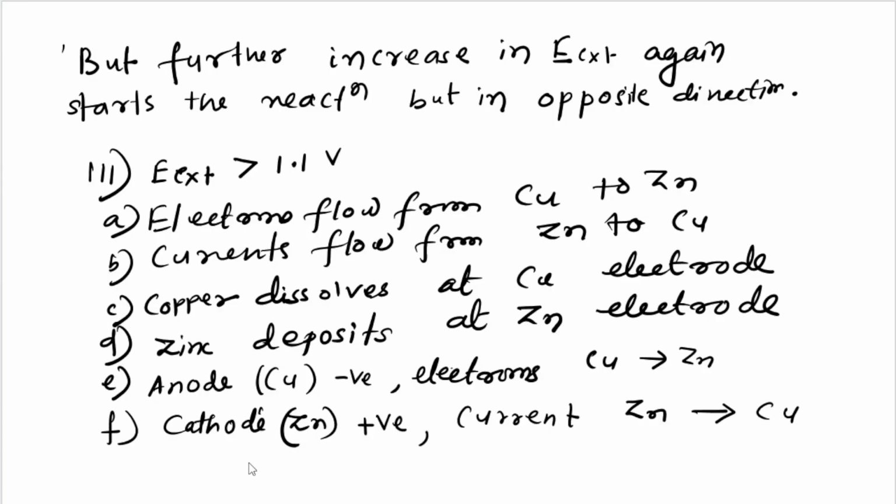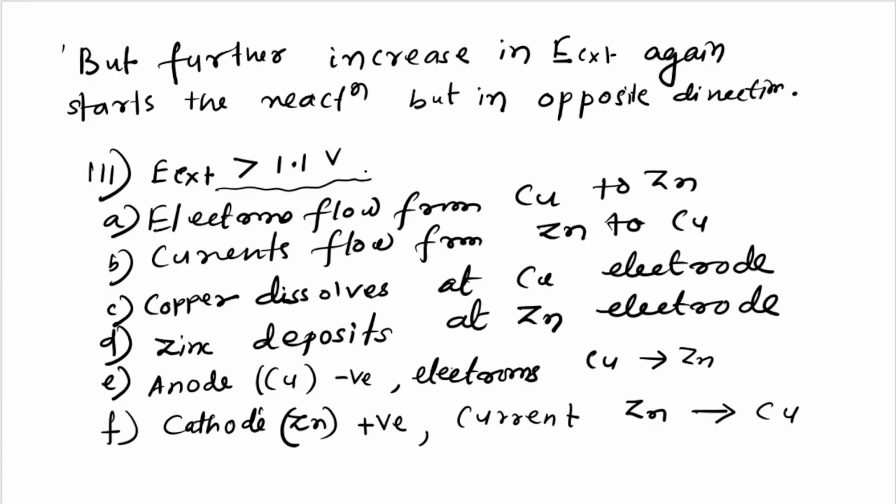Number 3, if it is more than 1.1 volts, then what happens here? Just the opposite. Electrons flow from copper to zinc, not zinc to copper. Current flows from zinc to copper, not copper to zinc.